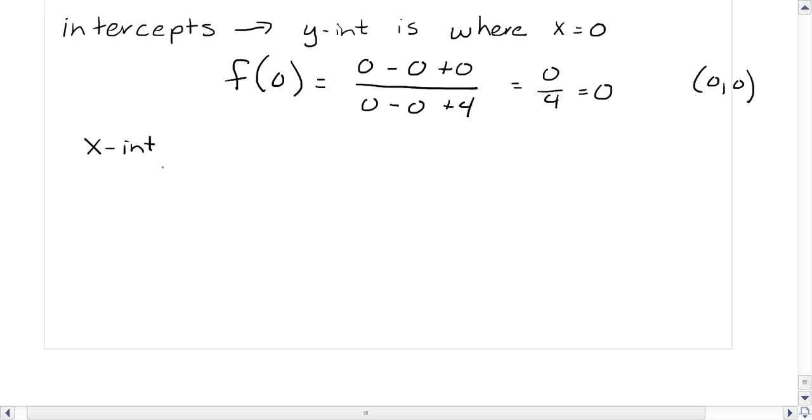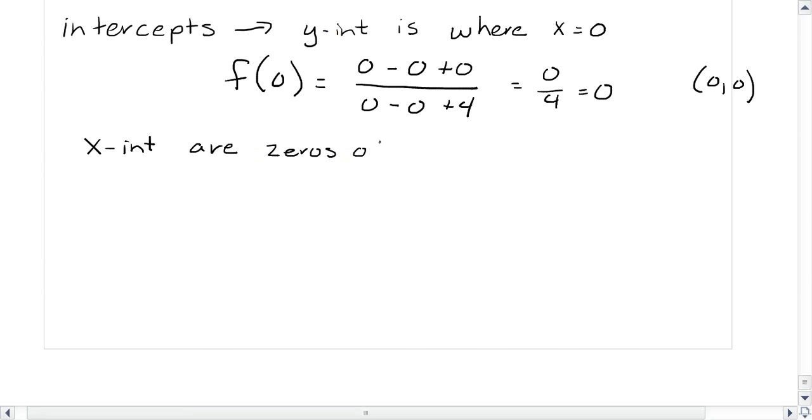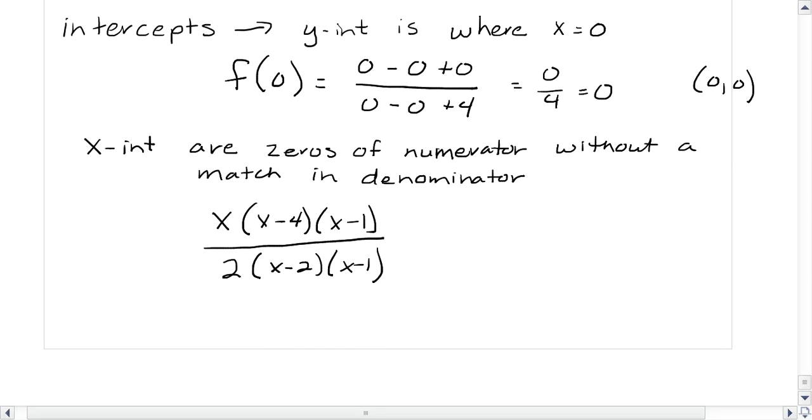So a good way to say that is, wherever there are x-intercepts, these are zeros of the numerator that do not have a match in the denominator. So looking at the factored form, we want to find zeros in the numerator without a match. So this x minus 1 and x minus 1 is a match, and of course we know that's where our hole in the graph is.